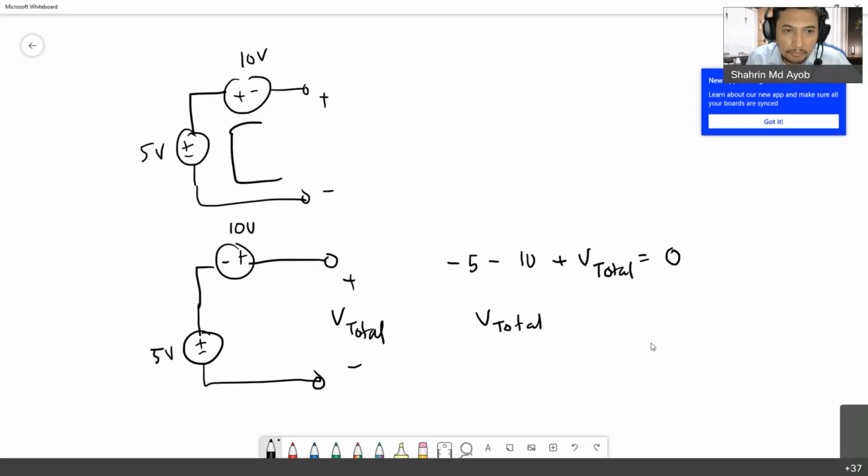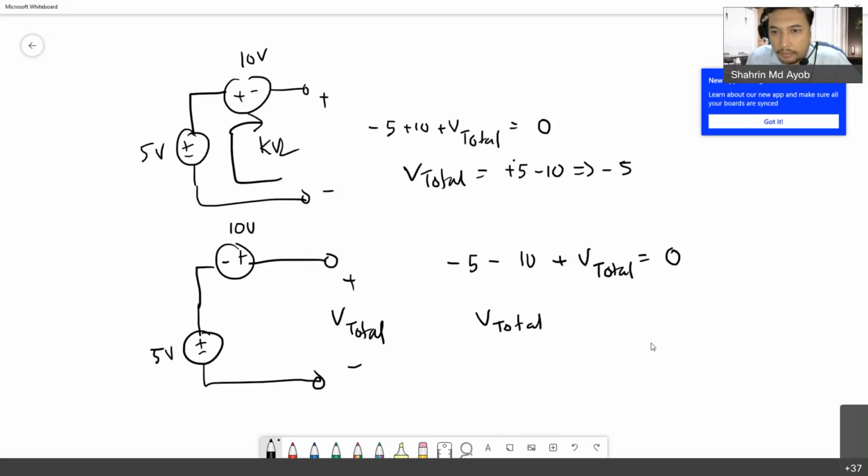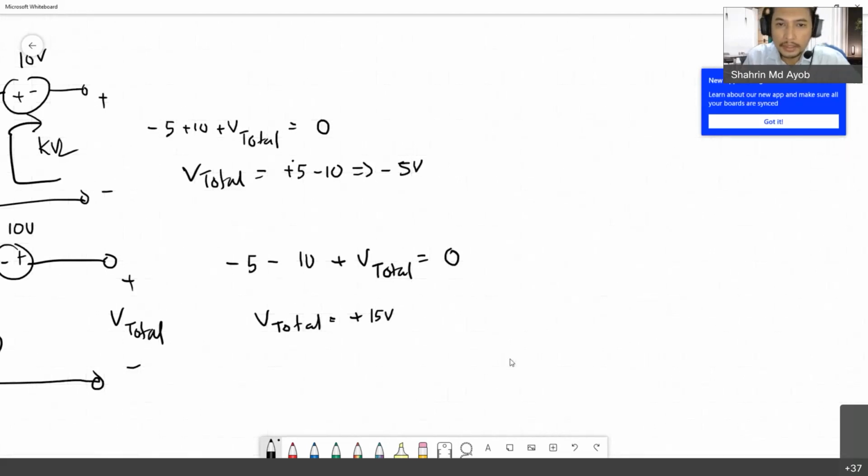Based on the KVL, negative 5 plus 10 plus V total equals 0. So your V total is positive 5 negative 10, which is negative 5 volt. And for the other one, V total is positive 15 volt. That is how we simplify the circuit. So you can have a single source whose value is negative 5 volt.